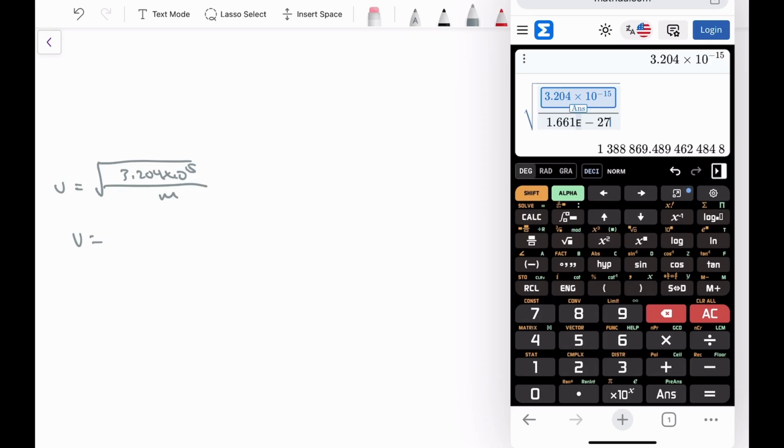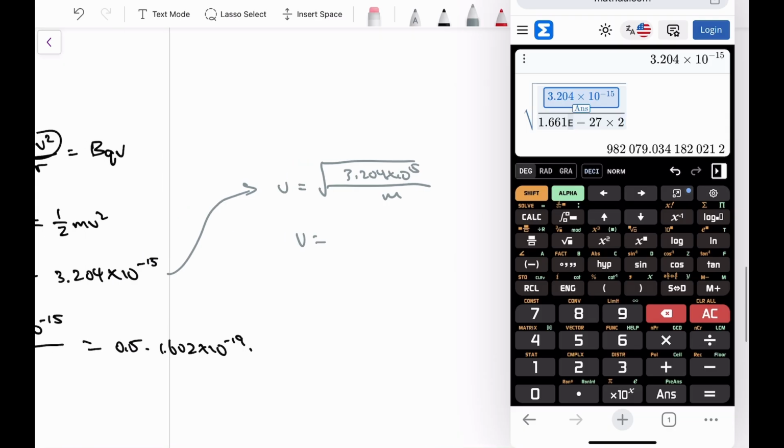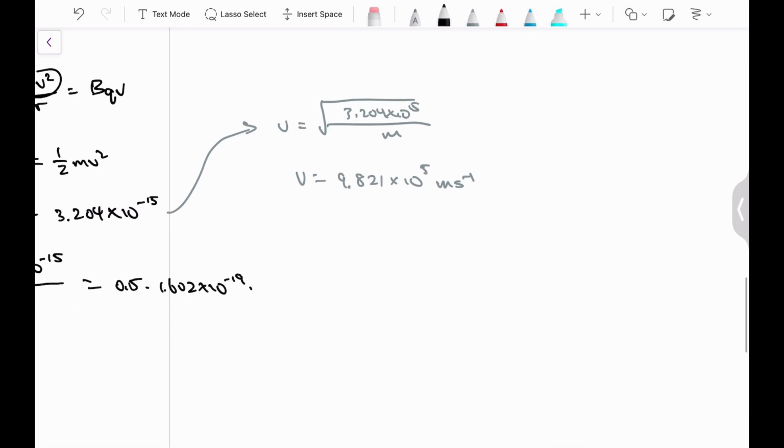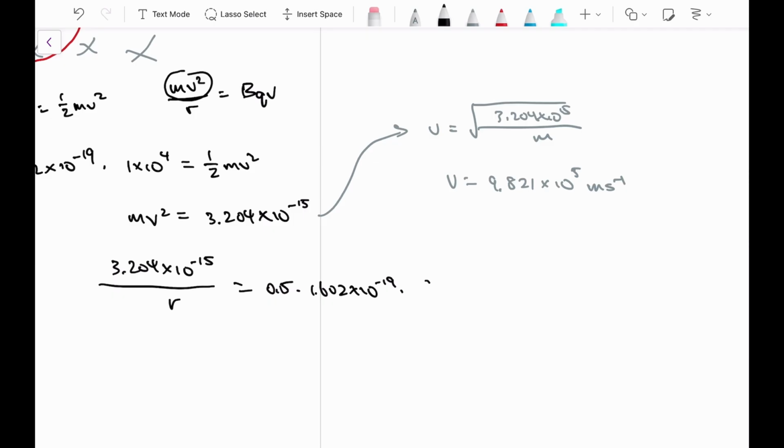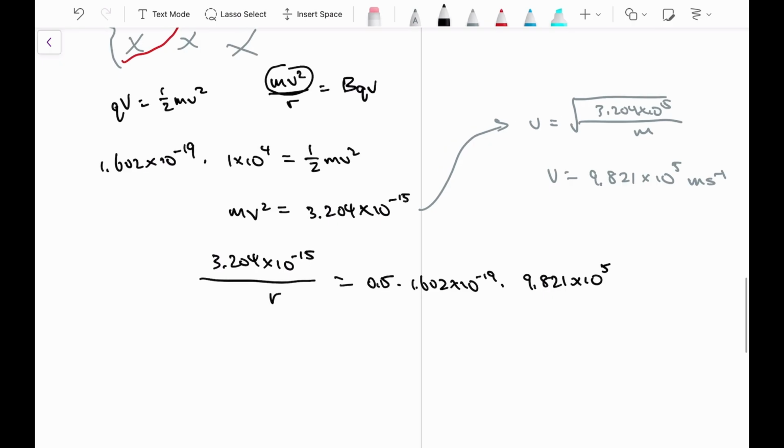And then we times it by 2 because it's the deuteron. So that will be 9.821 times 10 to the 5 meters per second, and we substitute this back in, and then we can calculate r.